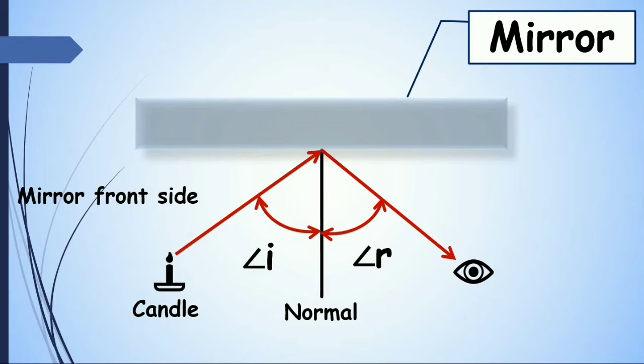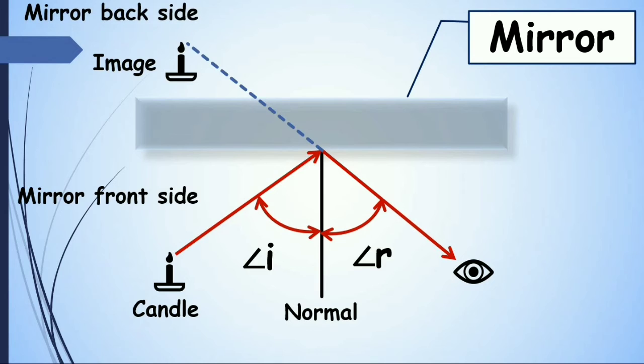Now the eye doesn't know the exact location of the candle, but light always travels in a straight line, so when we extend the reflected ray backward, the eye sees the candle as if it is placed behind the mirror. That is the image. In this way we can see images.